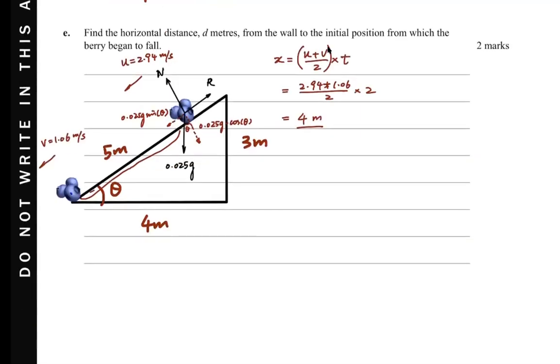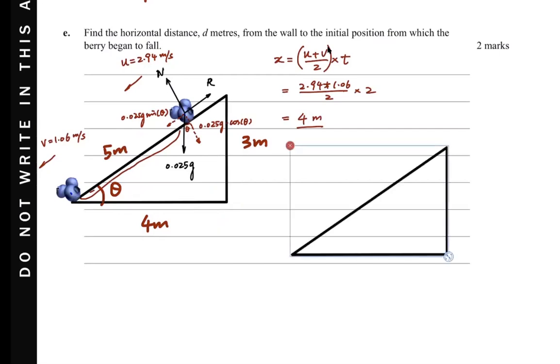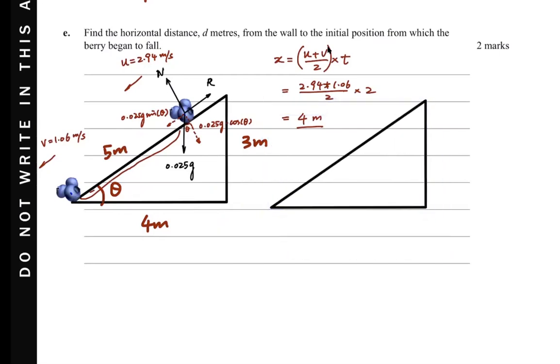Now, with this triangle here, I know the distance it traveled from this position to this position is 4 meters.